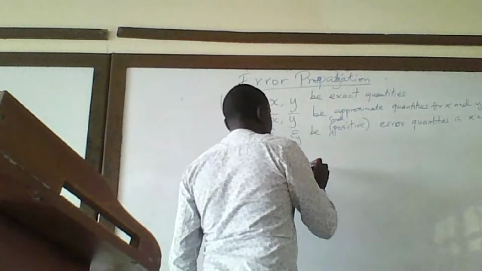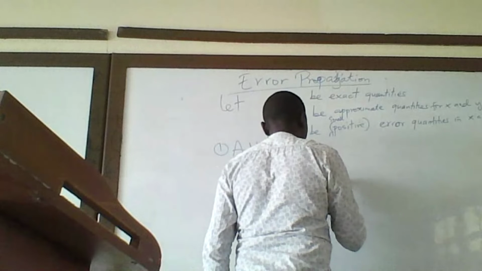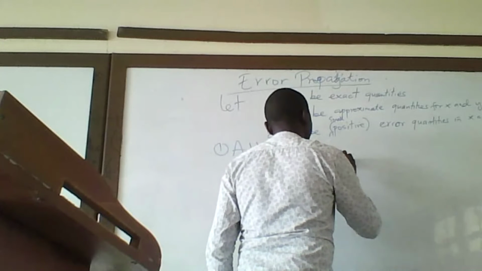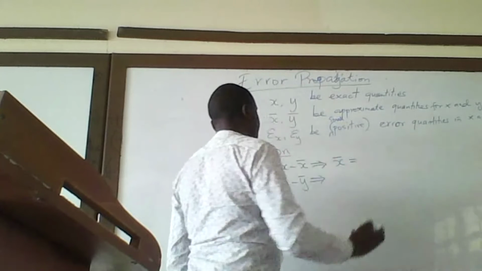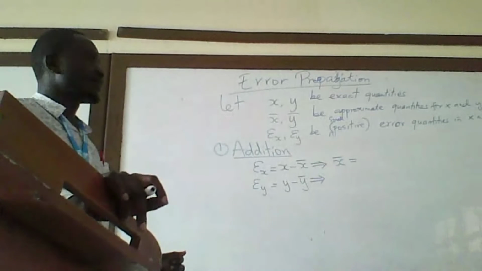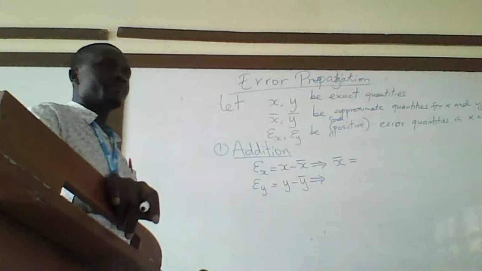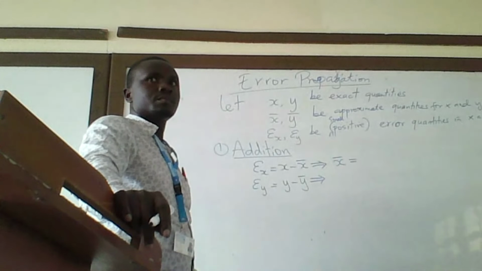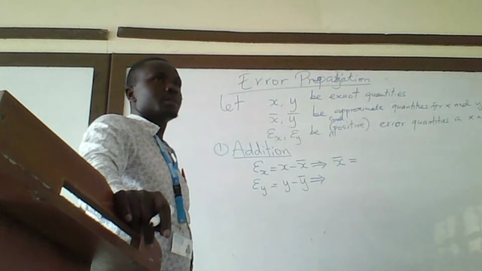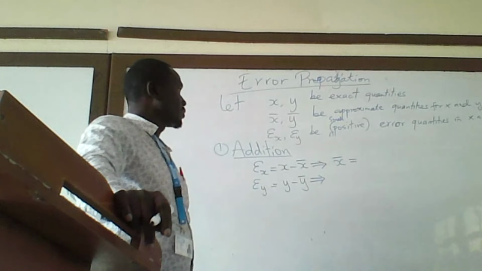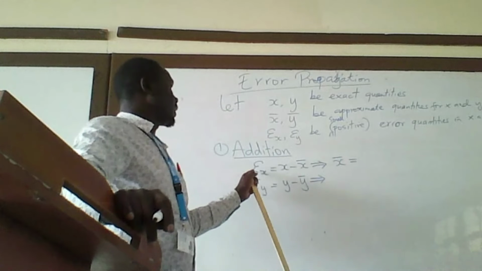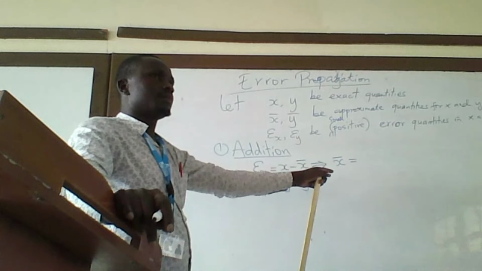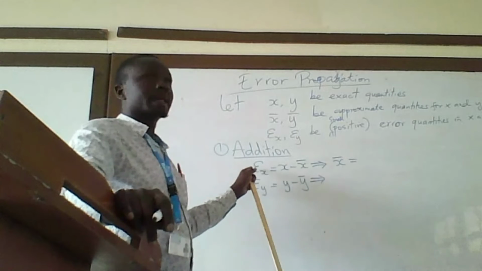So which means then if I make my x bar the subject, if error in x is x minus x bar, so what is x bar? x minus error in x, okay?